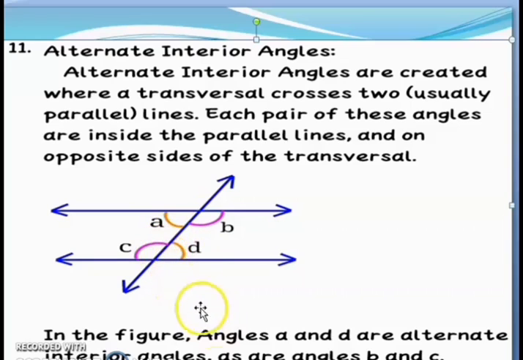So in this figure, angles A and D are alternate interior angles. Similarly, angle C and angle B are alternate interior angles.